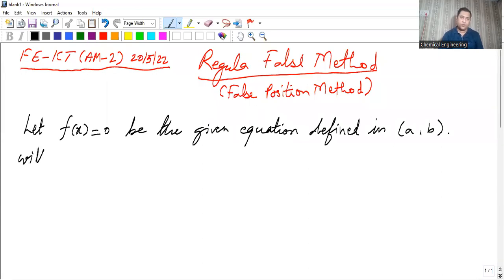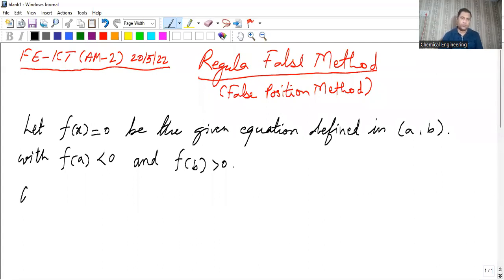What is the criteria for the root? We must have one value less than 0 and the other value greater than 0. Then we can guarantee that there exists a value in between a and b such that f will be 0, and that is our point of interest, where the f value is going to be 0.